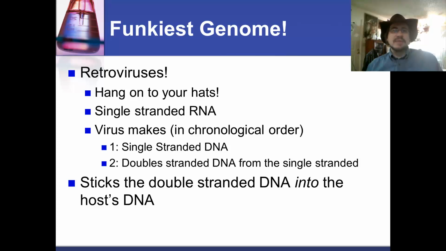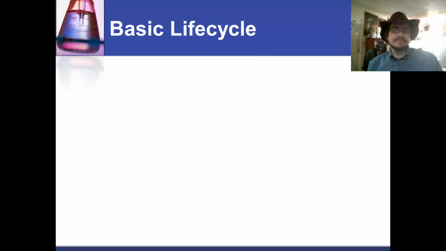And so basically when you get full-blown AIDS, your immune system craps out on you, and then you don't die from your HIV infection. You don't die from AIDS. Rather, you die from the hundreds of other pathogens that you can no longer defend yourself from. So, pretty funky, kind of terrifying.